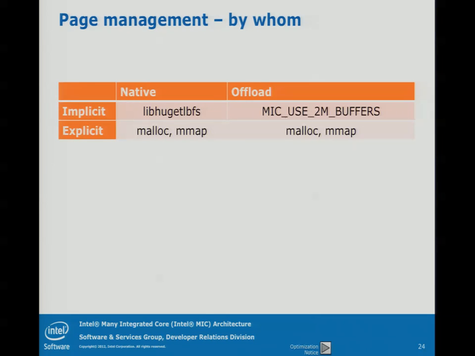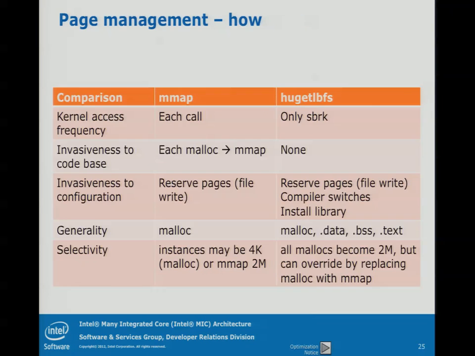You can do a whole set of mallocs until the virtual address space is exhausted, but when you start touching the data, you're in trouble. Okay, so malloc just returns a pointer and a promise that it will allocate the pages when you need them, but it doesn't actually touch them. And so what you do is you malloc and then mmap and then touch the data, and then you get 2 megabyte pages. That's the idea behind all that. And you can do that either in the native mode or the offload mode. Okay, because in the offload mode you got full control over what's going on.